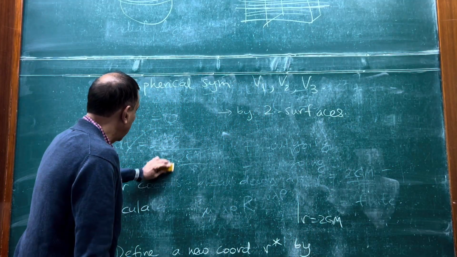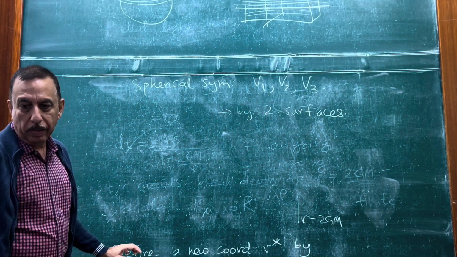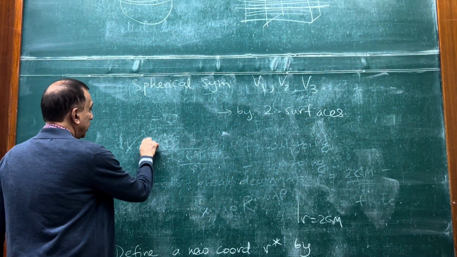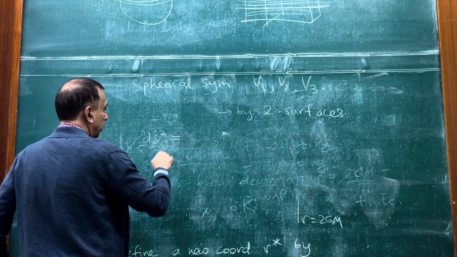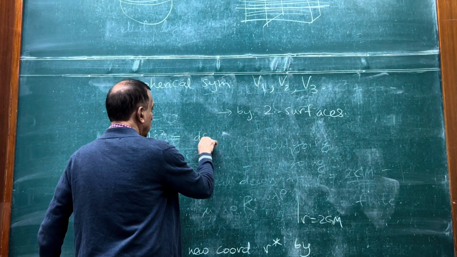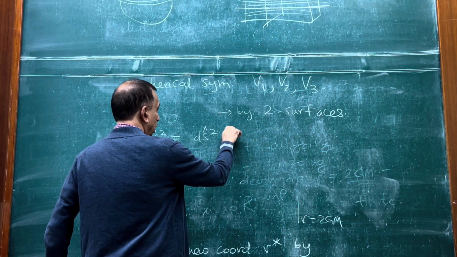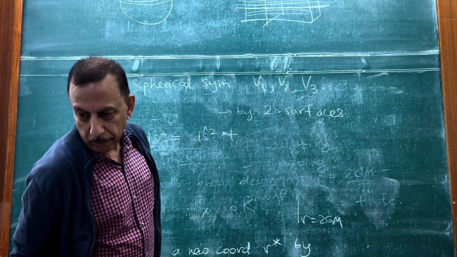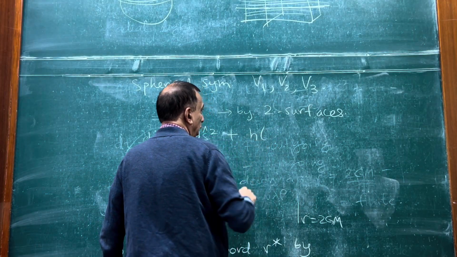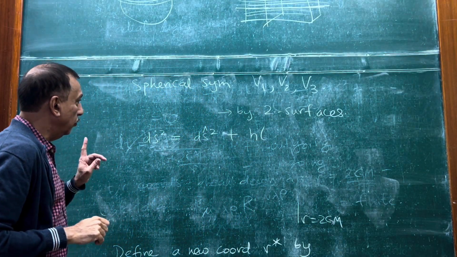The purpose of this exercise was to get the metric in the form ds. So this is a general spherically symmetric metric in the form ds squared equals d s hat squared plus some unknown function h.